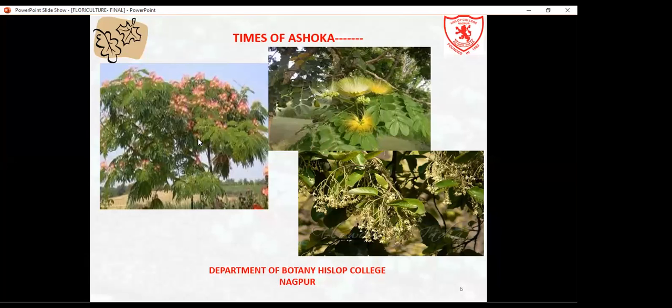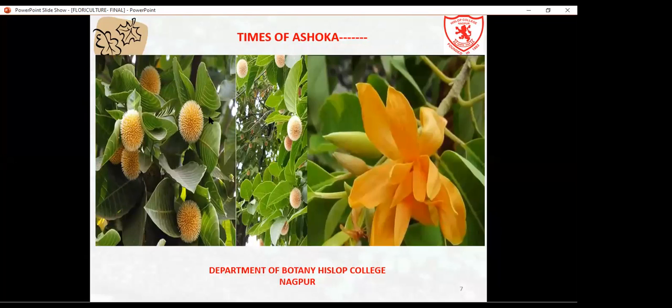So what were these trees? This is Shirish, Sal, peepal. Then there was this tree Kadam. And this is Michelia champaca. I may not pronounce it properly. You call it Champa. So these were the trees which were grown. They were big trees, medium-sized trees, but the basic idea was to give shade.